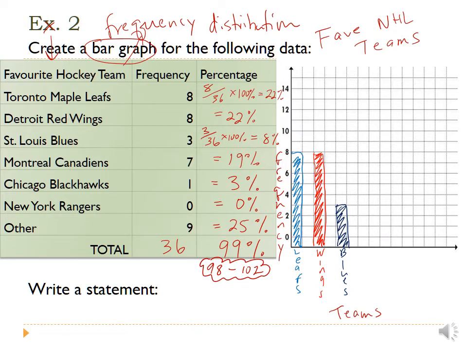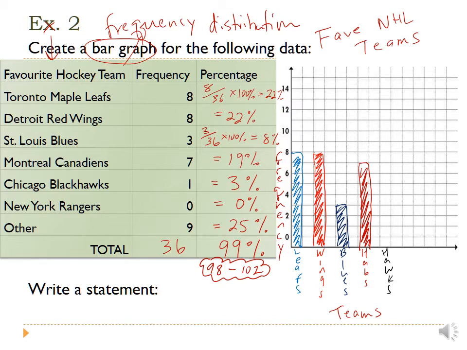And then the Canadians, they got 7. I'll just write the Habs. Excuse my freehand, it's tough writing on this. And then the Blackhawks, so we'll say the Hawks, they got 1.